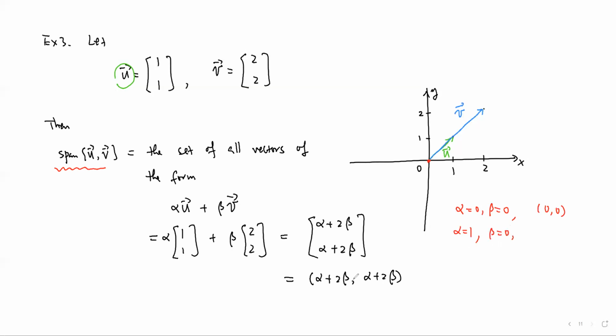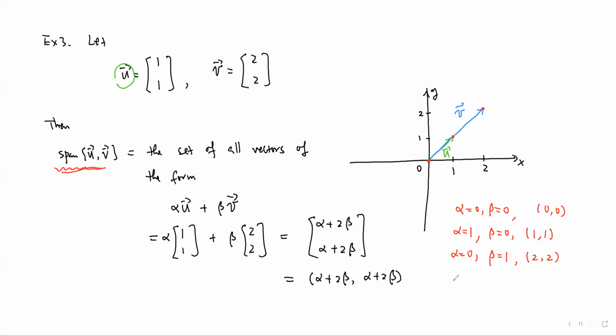Then we get (1, 1) here. This point is in this set. How about alpha 0, beta is 1. Then we get (2, 2) here. This point is in the set.